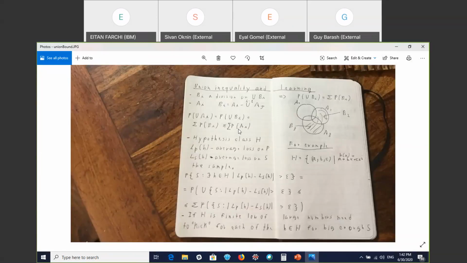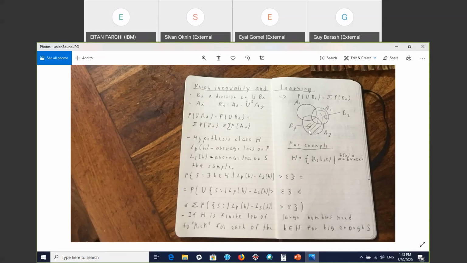And the idea of the proof is very simple. Basically, we create another set of events, Bi, with union equal to the union of Ai, but the Bi are a division. How do we create it? It's very simple. The first Bi is A1. The second Bi is A2 minus A1.